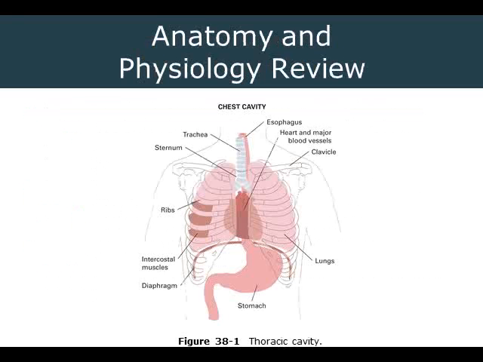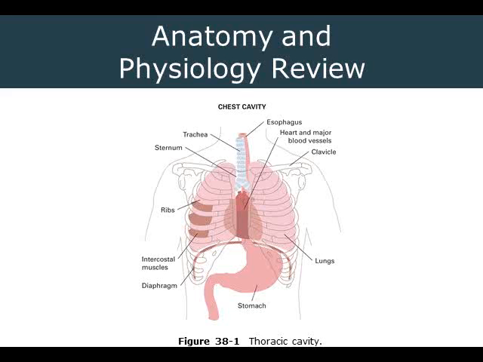Briefly, a little A&P recap here. Within our chest cavity, we have the esophagus and the trachea, which come down from the mouth, or the pharynx. They split into two completely separate sections. The esophagus leads down along the spine, through the diaphragm, to the stomach, and the trachea goes down to the carina, splitting into the right and left sides to the lungs.